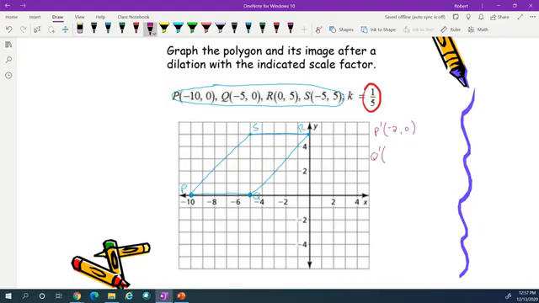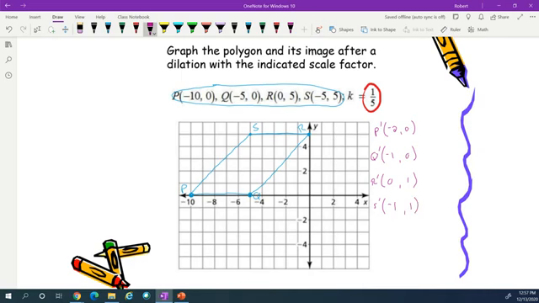For Q prime, negative 5 times 1/5 is negative 1, and of course 0. And we're just going to multiply these out. 5 times 1/5 is 1. For S prime, negative 5 times 1/5 is negative 1. Positive 5 times 1/5 is positive 1.